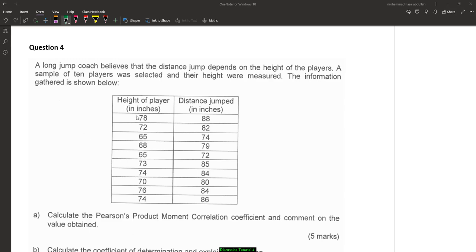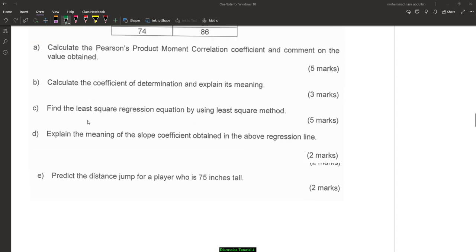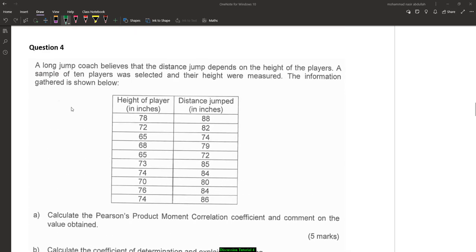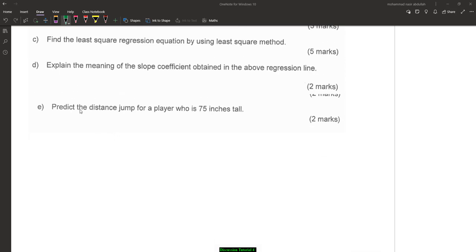Right. So, question number 4, you need to be very careful. Determine which one is Y and which one is X. Usually, the answer is already here. Dia dah bagi tahu. Kalau tak ada soalan predict ni, then you need to be very careful lah. So, kita tengok dekat sini, tak payah baca soalan lagi, tengok kat bawah terus. Predict distance jump for player who is 75 inches tall.